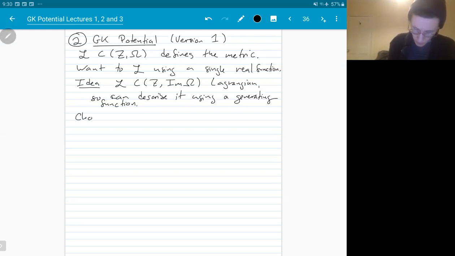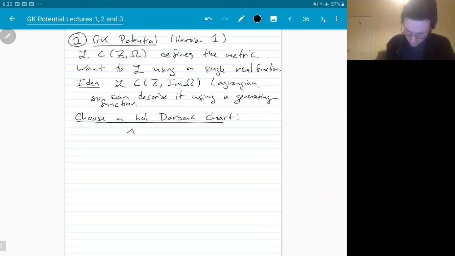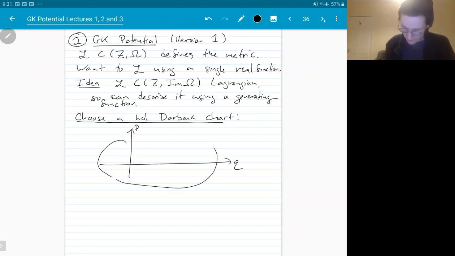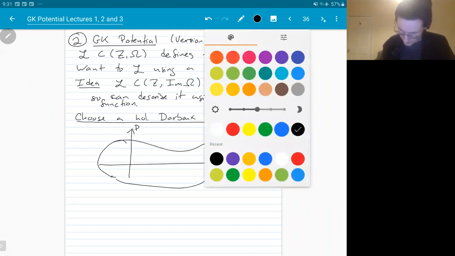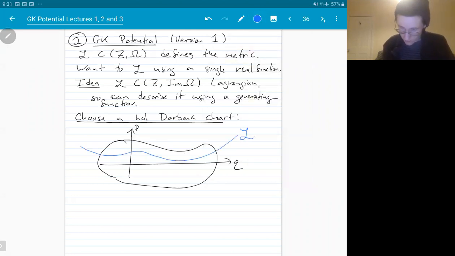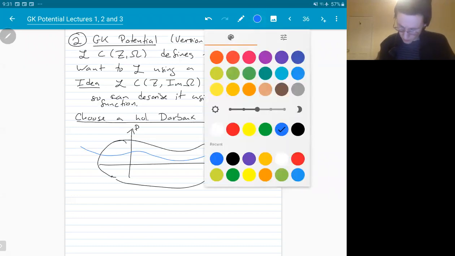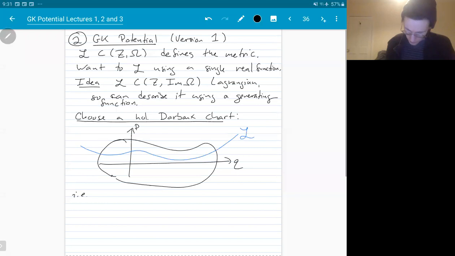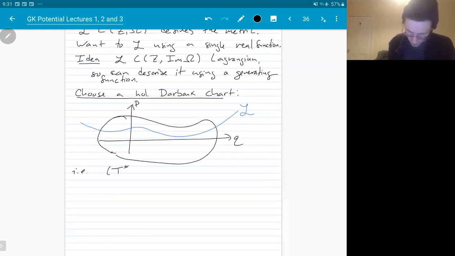For this, we should choose a holomorphic Darboux chart. That's some extra structure that we should choose. Here's a picture. We have inside of here L. More precisely, what we're doing is we're choosing an embedding of the holomorphic cotangent bundle of some holomorphic Lagrangian into Z, omega.